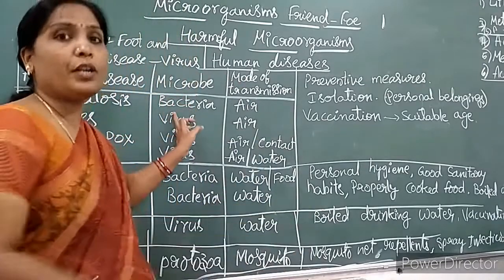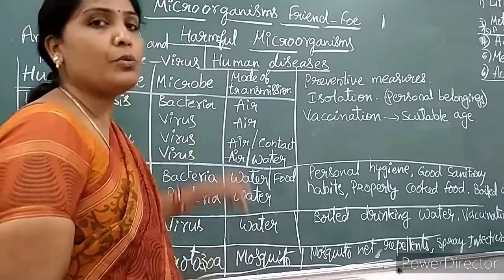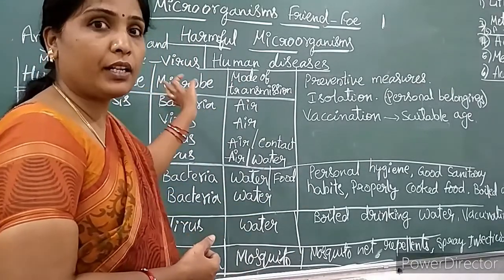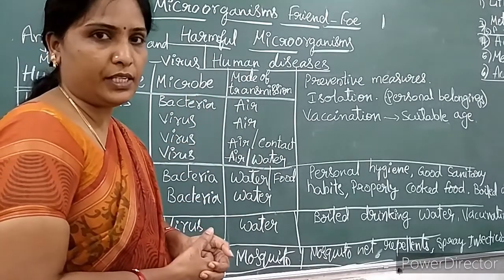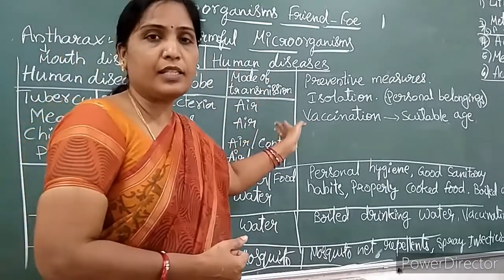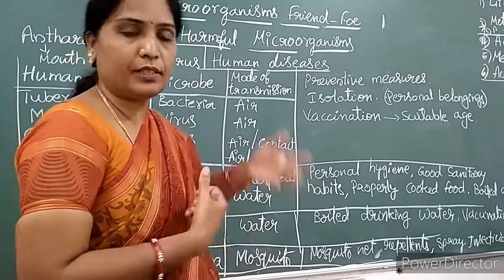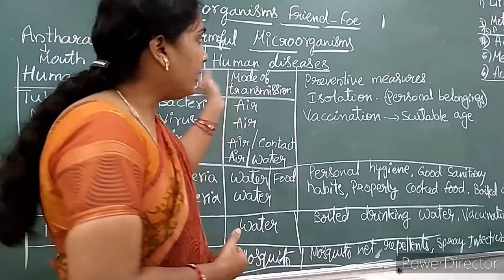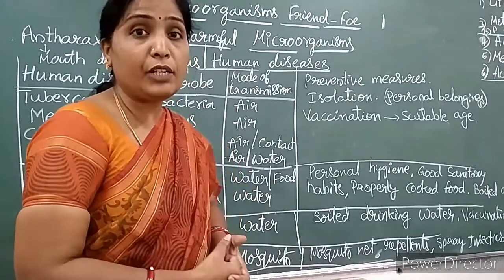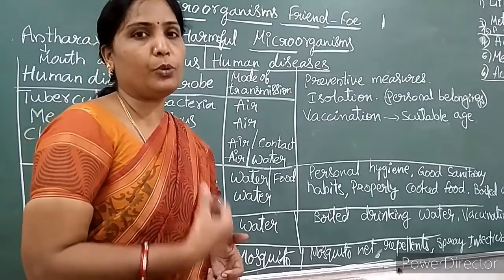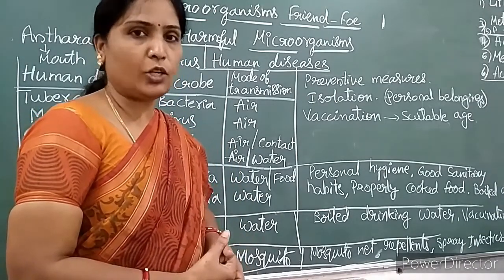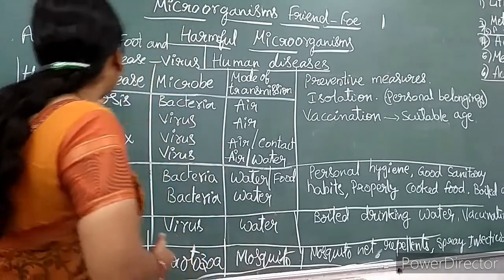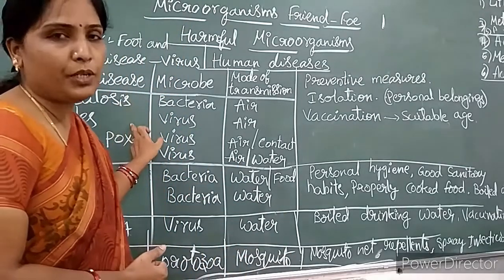Okay, now some more diseases which occur in human beings, and what microbes cause the disease, how it is transmitted from person to person, the mode of transmission, and what preventive measures we need to take to control the disease, we'll see now. The first disease is tuberculosis.